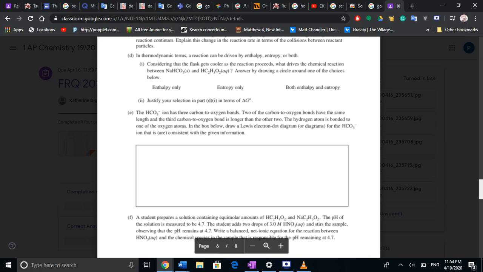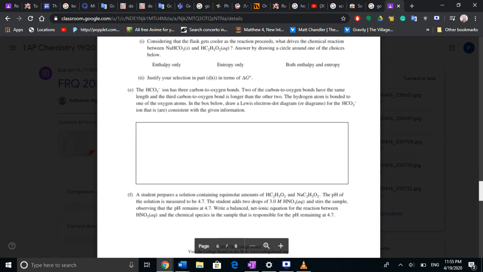But judging from how part 2 was asking, I would say that this would be entropy driving the force of the reaction. I'm not sure why, but it is entropy.